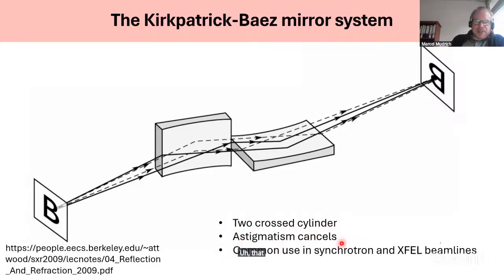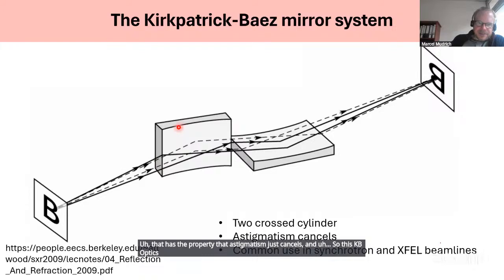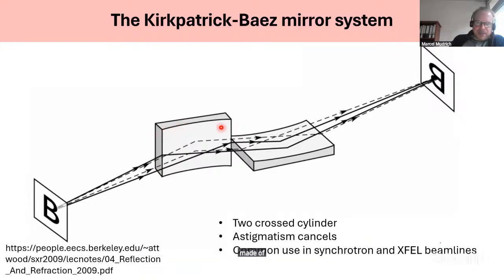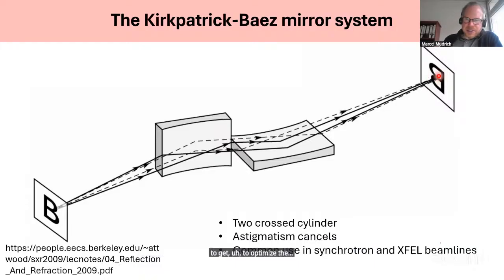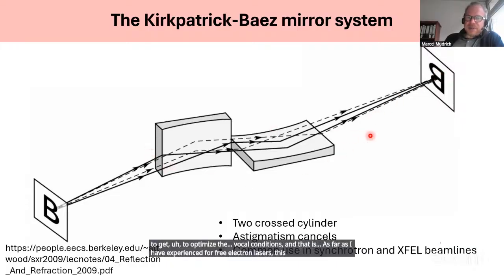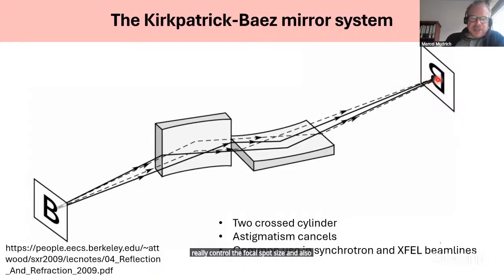That has the property that astigmatism just cancels, and so these KB optics oftentimes are made of these adaptable piezo-based adaptable mirrors, and that of course gives full flexibility to optimize the focal conditions. As far as I have experience, for free electron lasers this is always the focusing system to really control the focal spot size and also try to get the XFEL beam focused as tightly as possible, if that's what you want.